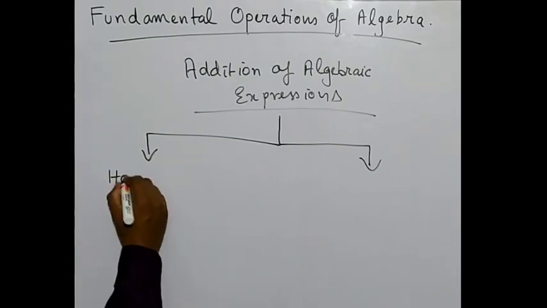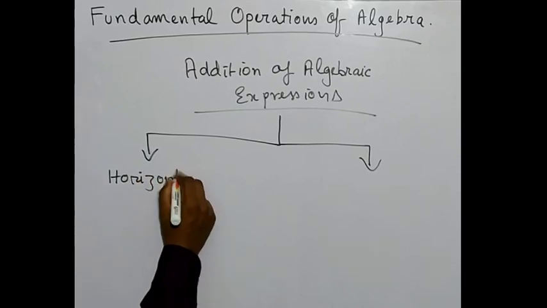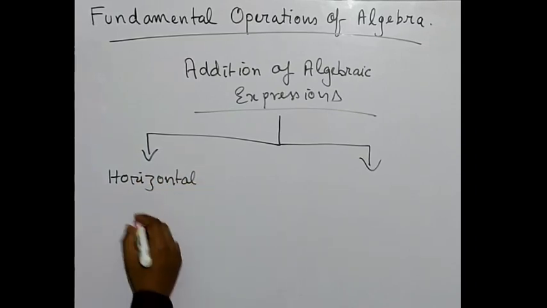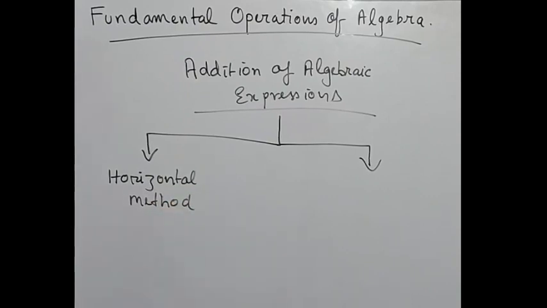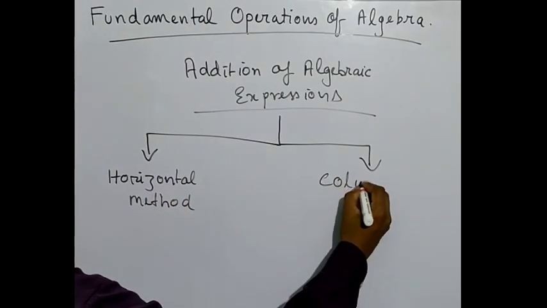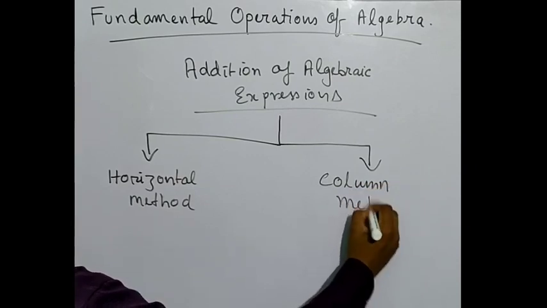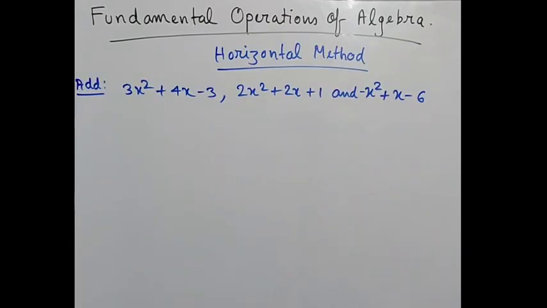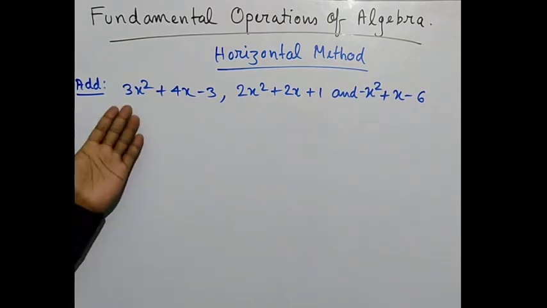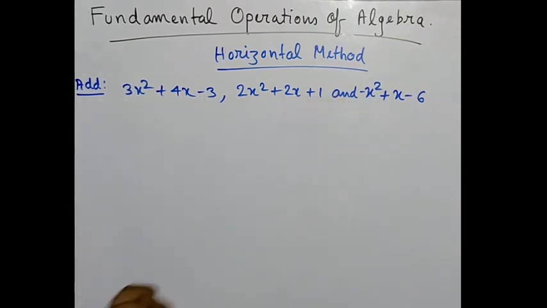One is the horizontal method, and the other is the column method. Let's start with the horizontal method. So here we have three algebraic expressions.